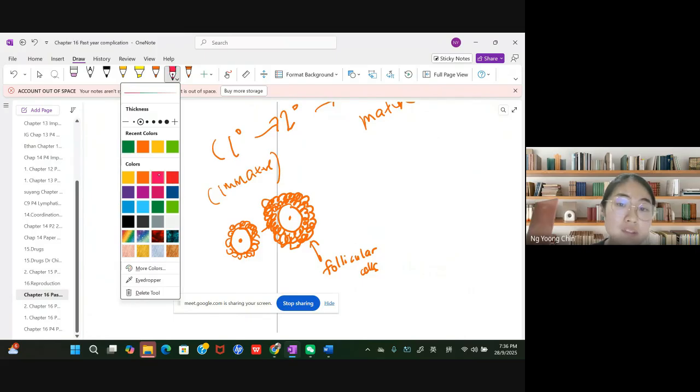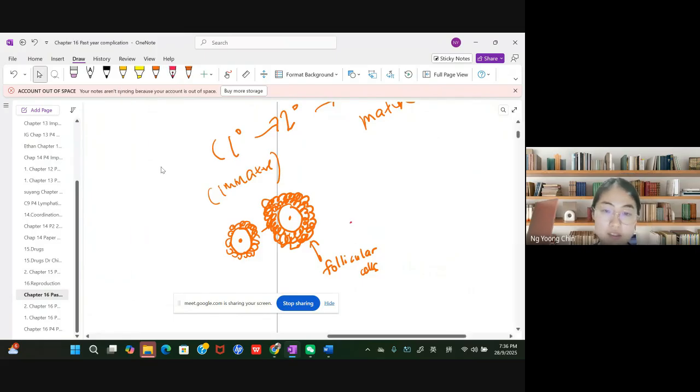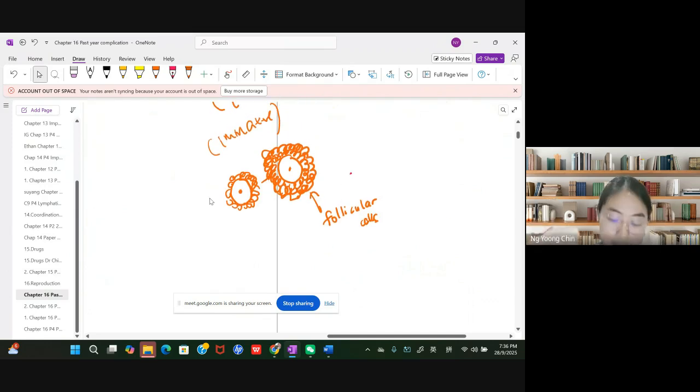What color shall I use? I'll use pink. Initially, the estrogen is at a very low level. So from primary to tertiary follicle, and then now they become the Graafian follicle. The Graafian follicle is larger.